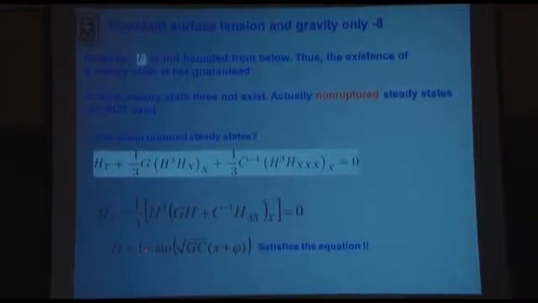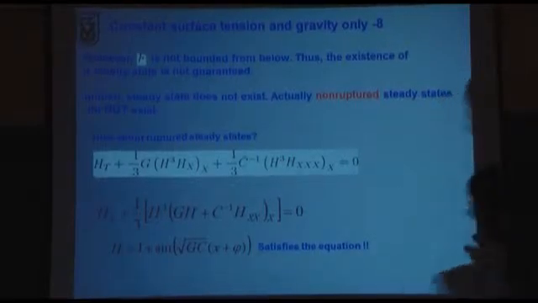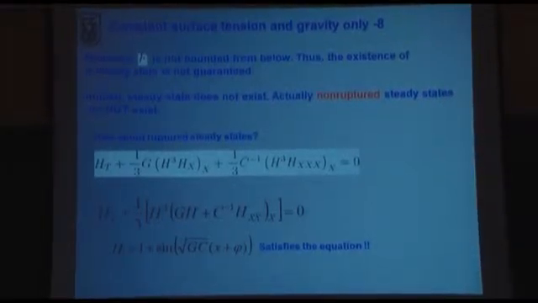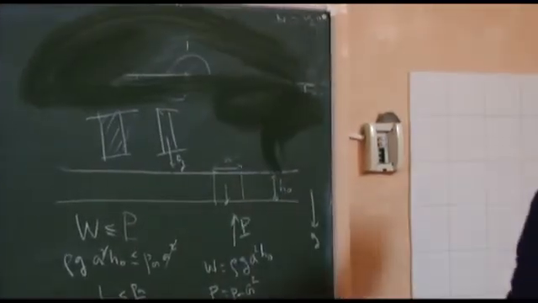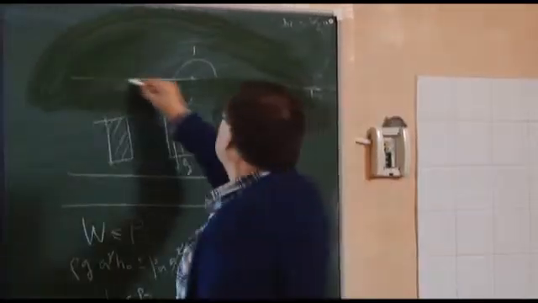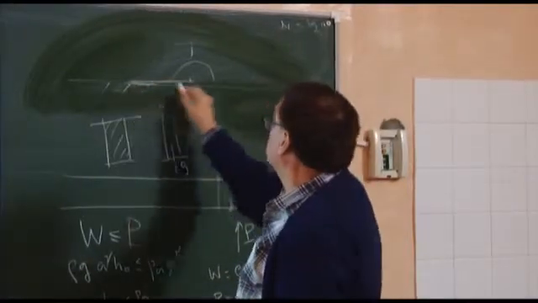One, because you have to start with one, that's the mean thickness of the film. If you substitute this, phi is just a phase, a constant. You substitute it here and you find this is 0, and this is time independent, so it's 0. What does it mean? It means the following. This is your substrate.